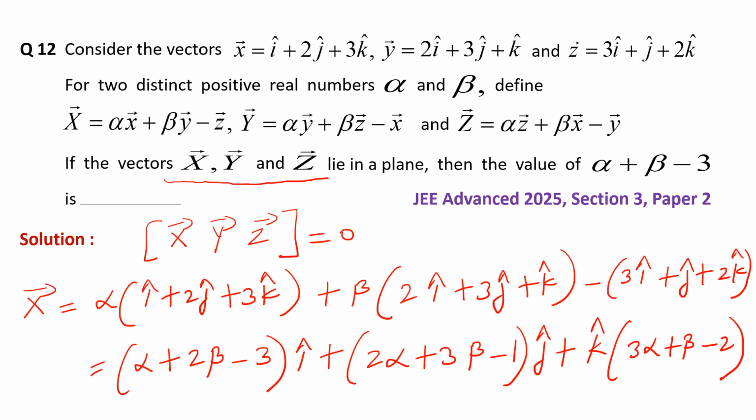Now students, similarly we will find capital Y vector and capital Z vector, and then we will find their scalar triple product and put it equal to 0.